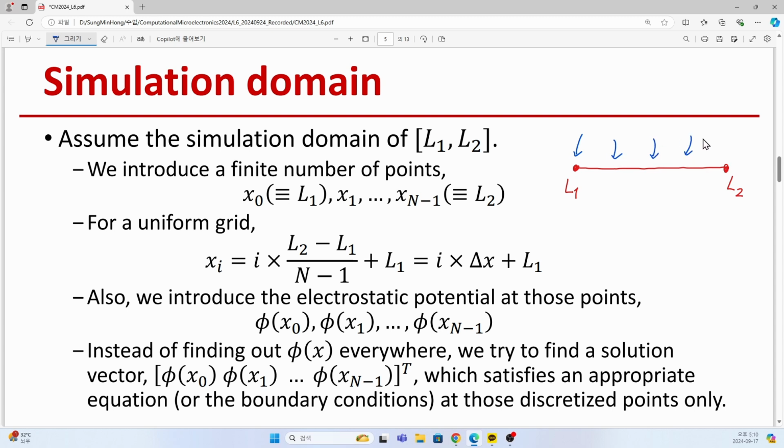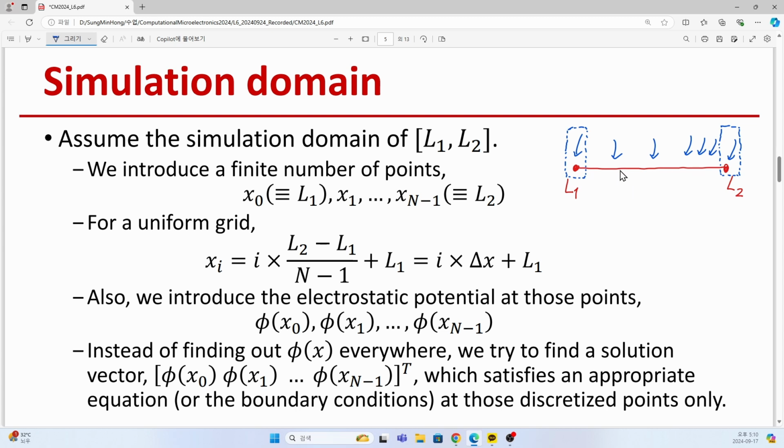Okay, in this example we have introduced 7 different points, and up to now the only restriction is that the first one should correspond to L1, and the last one, in this example the seventh one, should correspond to L2.